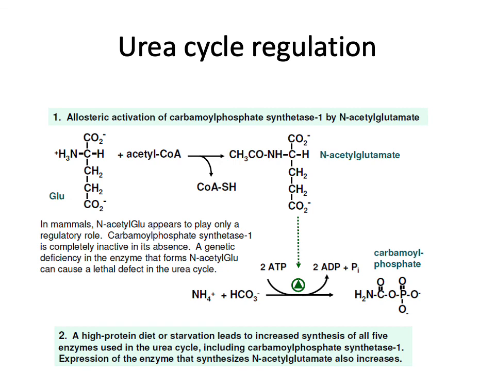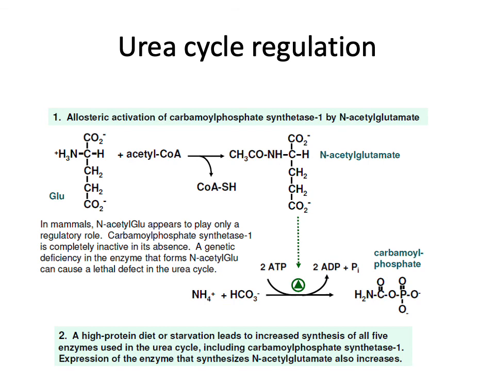Now, the urea cycle is regulated by the formation of carbonyl phosphate, and that is done through this molecule, N-acetylglutamate. So there's an acetate attached to the nitrogen on glutamic acid.